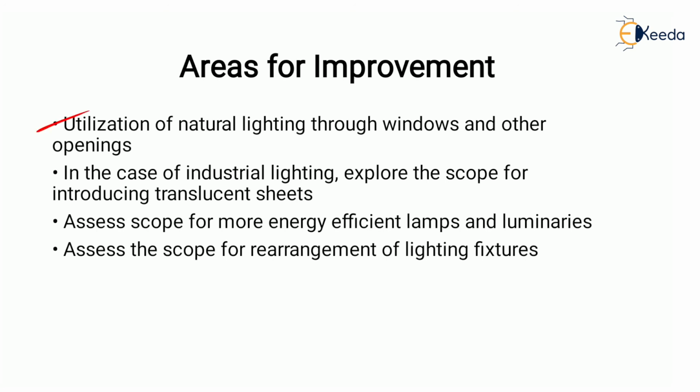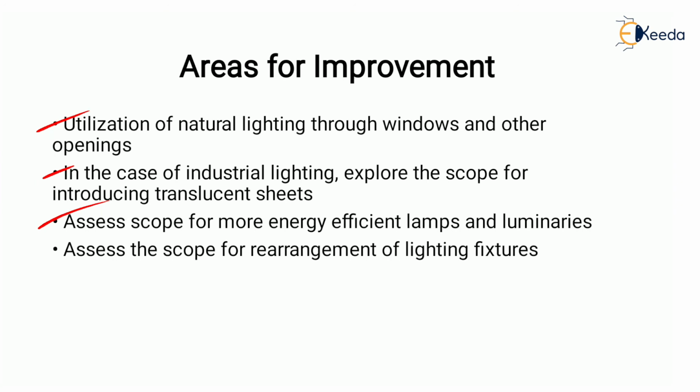Utilization of natural light through windows and other openings. Next is, in case of industrial lighting, explore the scope for introducing translucent sheets. Next is, assess scope for more energy efficient lamp and luminaires.